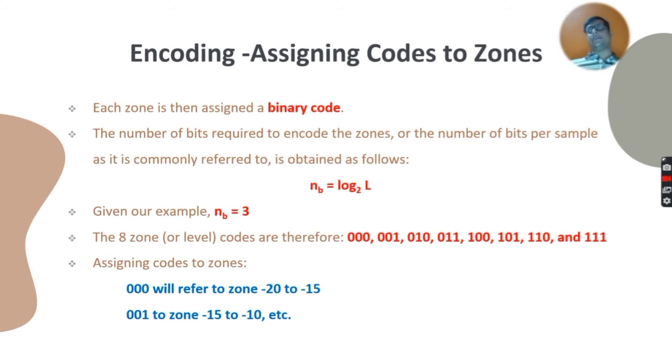Similarly, minus 15 to minus 10 is assigned 001. Next, 010 is assigned to minus 10 to minus 5. Then 011 is assigned to minus 5 to 0, then 0 to 5, then 5 to 10, then 10 to 15, 15 to 20. Like that we will assign the codes.